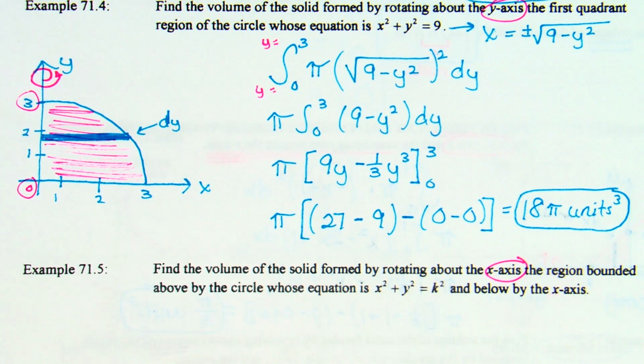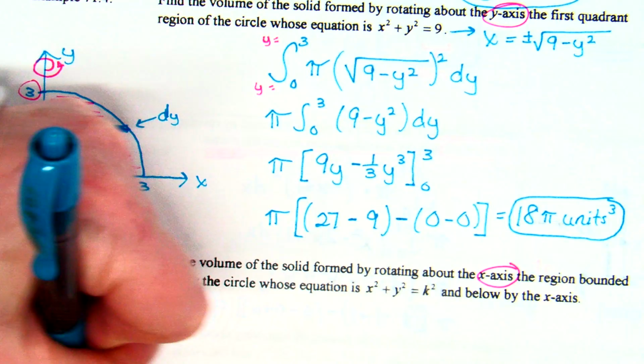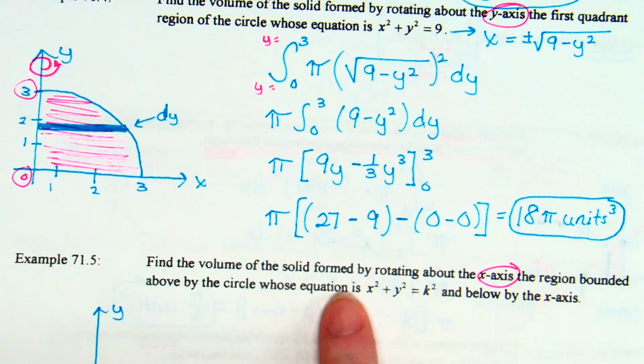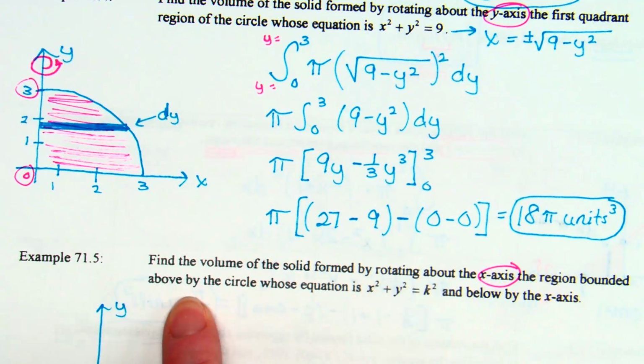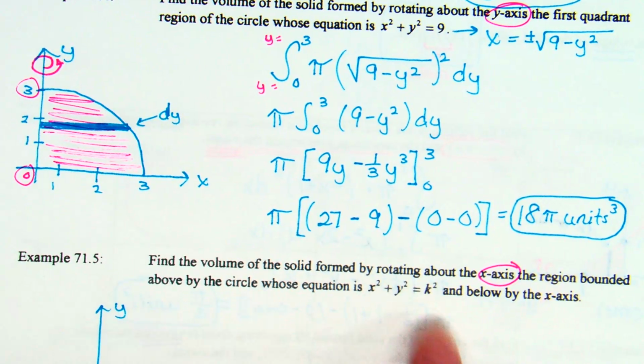Okay, so let me draw a picture. X-axis, y-axis. Now, find the volume of the solid formed by rotating about the x-axis the region bounded above, so that's above the x-axis, by the circle whose equation is x squared plus y squared equals k squared.